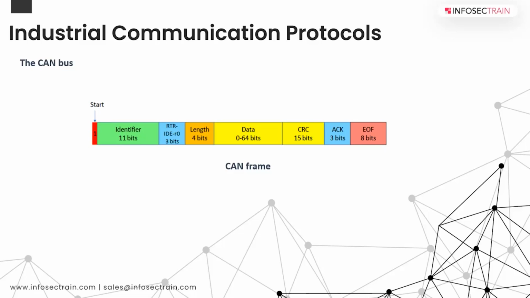So all other CAN devices listen to the sender and only accept messages that are relevant to them. And this is a serial type protocol. A CAN protocol frame basically consists of an identification field and a data field.